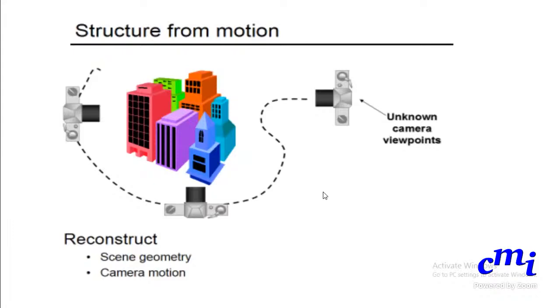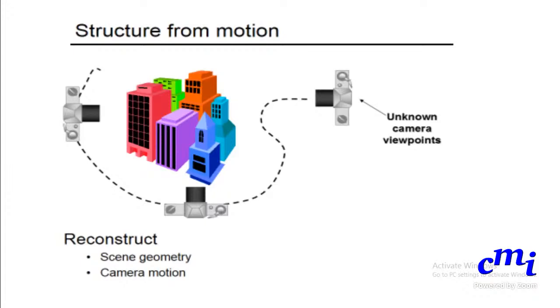So what is the problem? What is structure from motion? So we have some camera points, like a camera in motion, which captures a scene, like buildings or any scenery. We don't know where the views were captured.